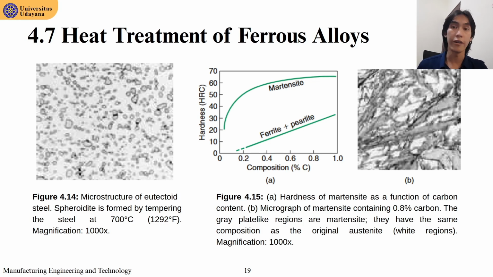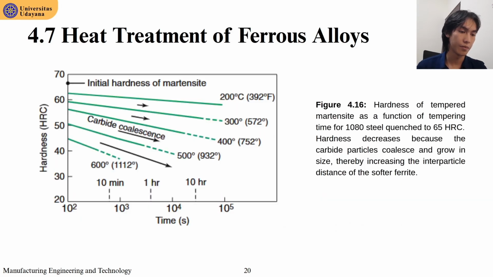Martensite is very hard. Its hardness rises with carbon content, and this is more hardness for martensite than ferrite and pearlite. On the table you can see. Okay, next is hardness versus tempering time.